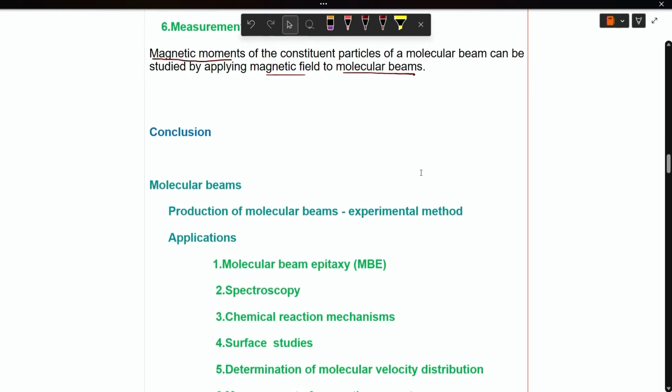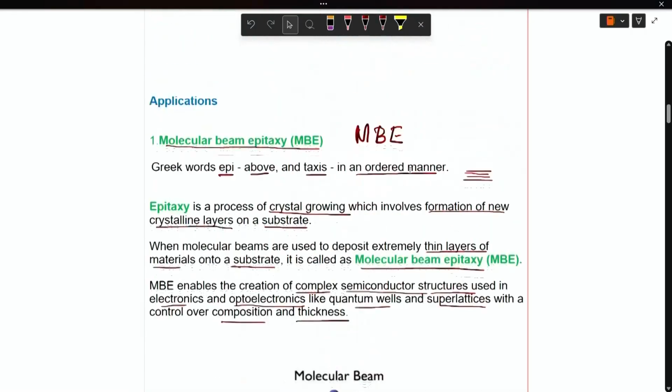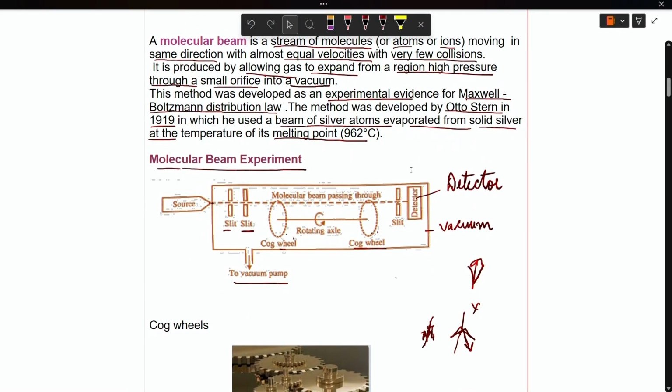To conclude, we have been seeing molecular beams and their production, the experimental method, which we will just refresh. This is a schematic setup in which the substance whose molecular beam has to be studied is evaporated at its melting point, and the vapors are passed through a very small orifice into a region of vacuum.